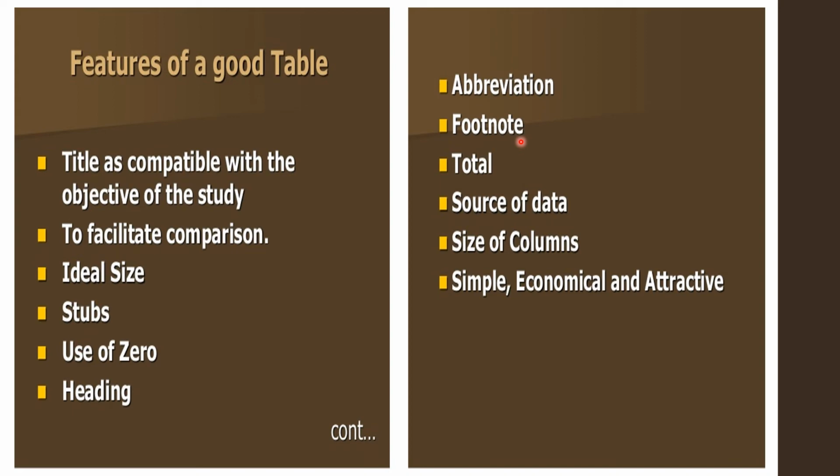It can be given only if it is needed, and it must bear an asterisk mark corresponding to the concerned item. That is important in a footnote. The next one is total. In the table, the subtotal of the item must be given at the end of each and every row, and finally the grand total of the item must also be written.